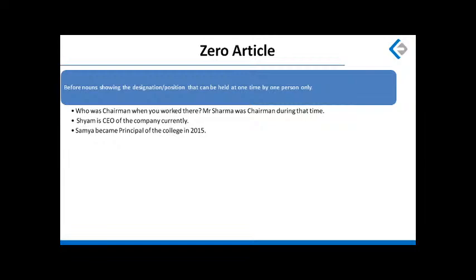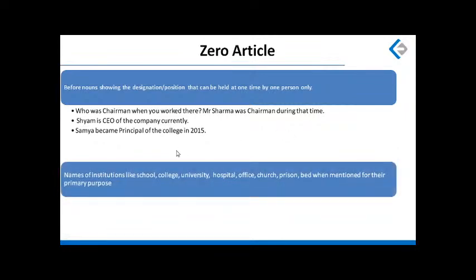Knowing that a company cannot have two parallel CEOs, I can just write "Shyam is CEO of the company" correctly. If I use "the", it will create, as I see it, only awkwardness in the sentence. "Samya became principal of the college." Correct, because there can be only one principal in a college. If she became principal, there is no need to add the article "the".